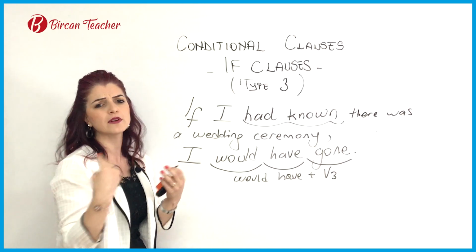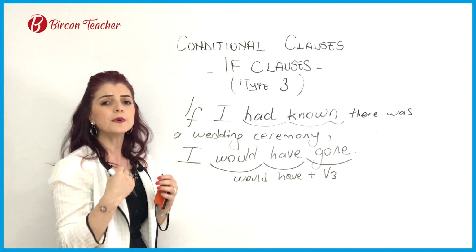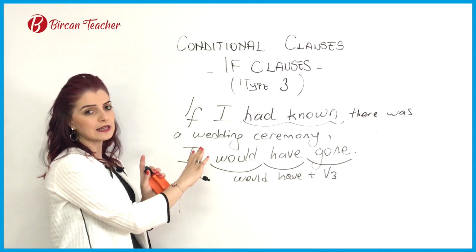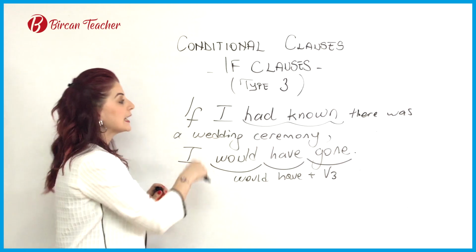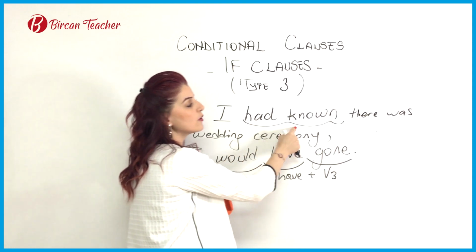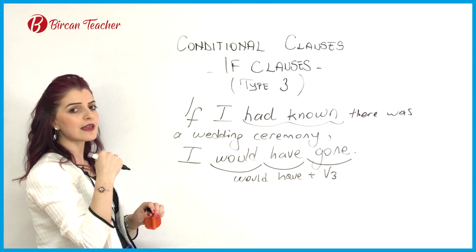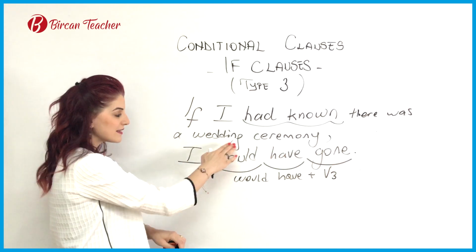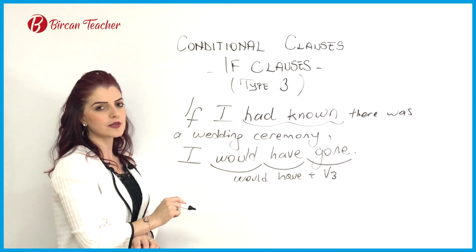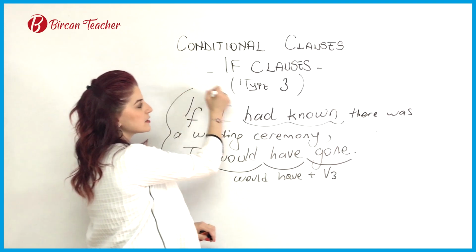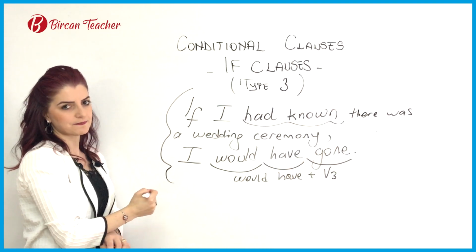I can get angry with him or her. Because nobody told me, I didn't know there was a wedding ceremony. And now I am saying, if I had known there was a wedding ceremony yesterday, I would have gone. But the reality is, I didn't go because I didn't know it. This is my comment on my past situation at the moment.